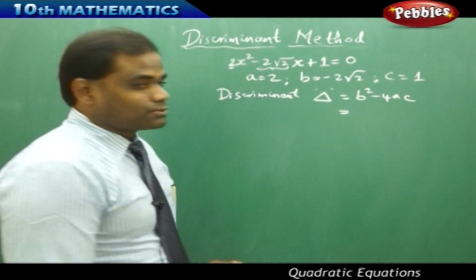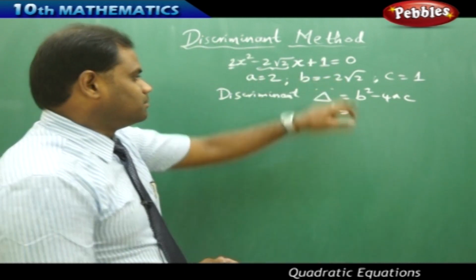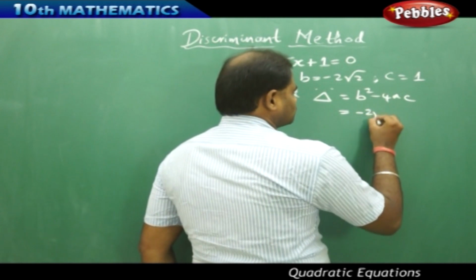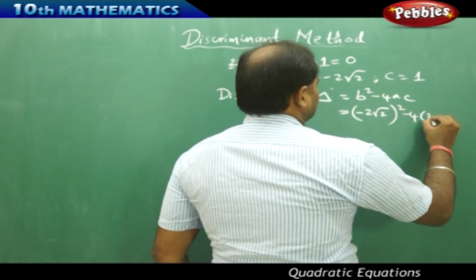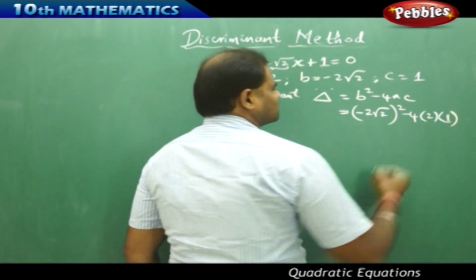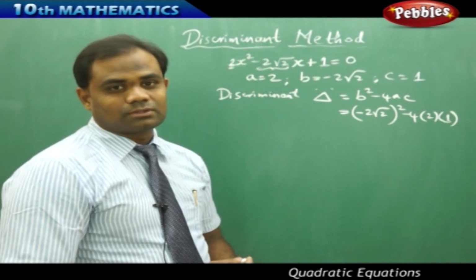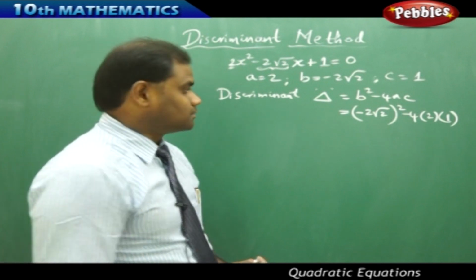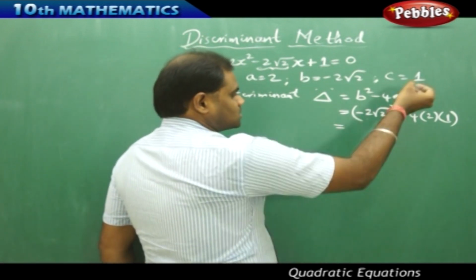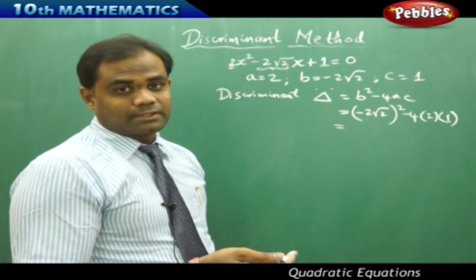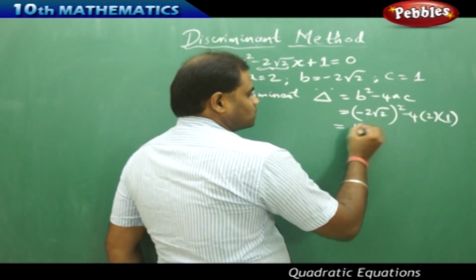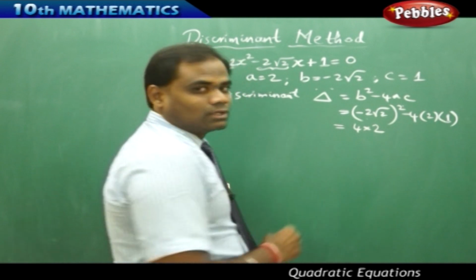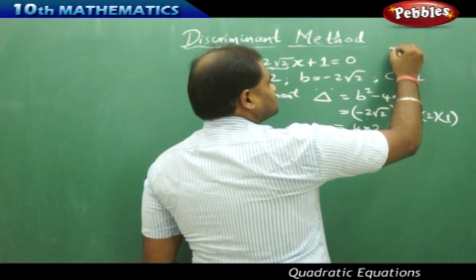So this, when substituted with a, b, c respectively, my b is (minus 2 root 2) whole square minus 4 times a times c, which is 1, is how I substitute b squared minus 4ac. Now this, on multiplying twice, because this is square, I get 4 times, because 2 square is 4 and (root 2) whole square is 2, because root x into root x is always x.